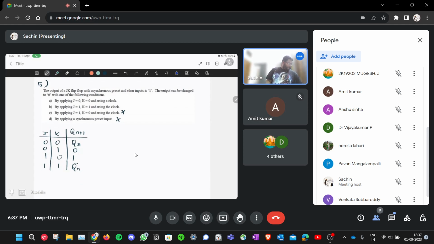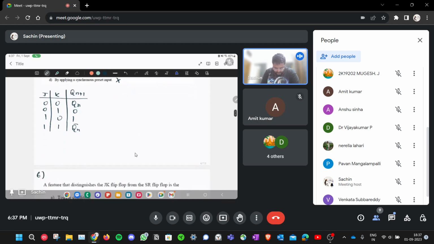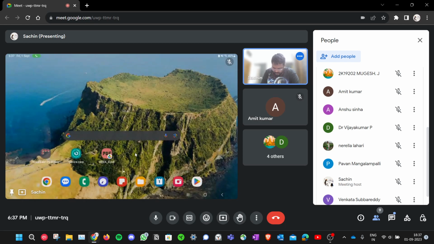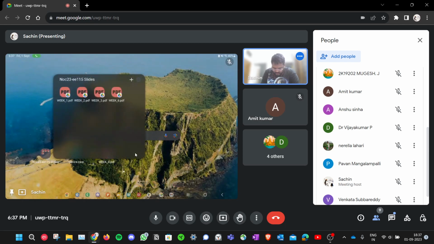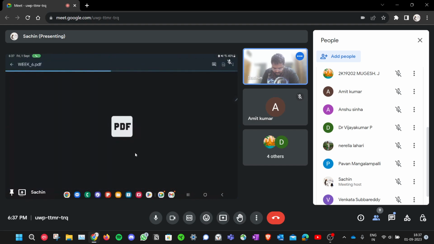What do we do? Well, let's see the flip-flop with preset and clear ones.